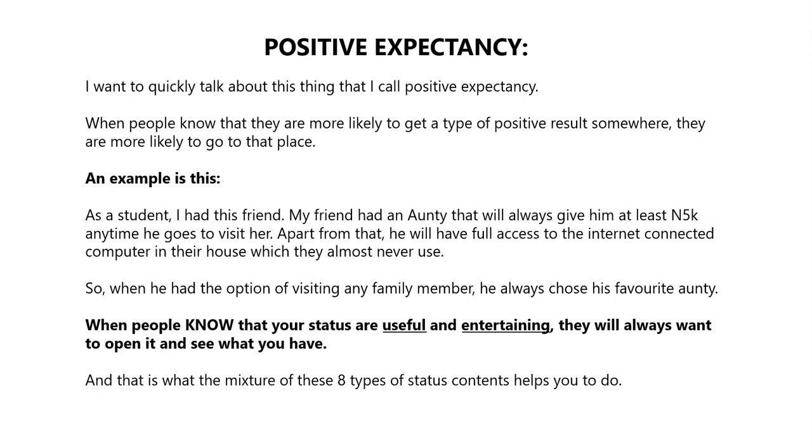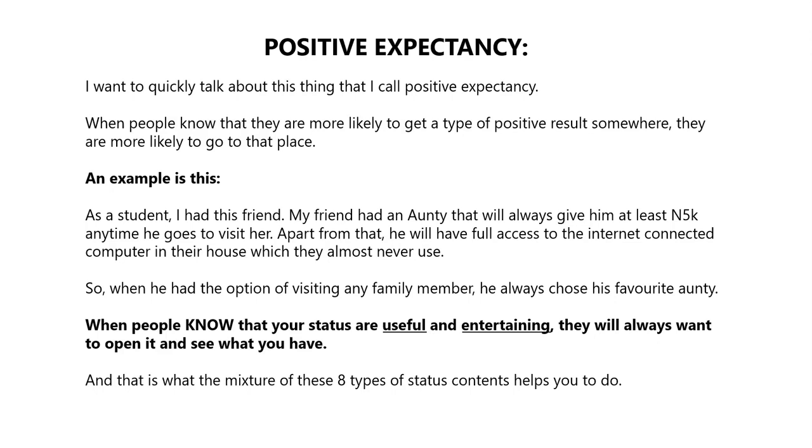When I was a student, I had this friend. His name is Bayo. My friend had an auntie that would always give him at least 5K anytime he went to visit her. Apart from that, he would also have full access to the internet connected computer in their house, where he could browse as long as he wanted, because they almost never used the computer.